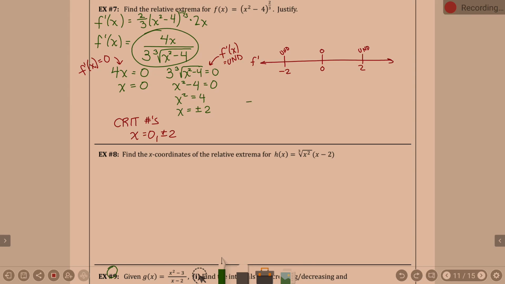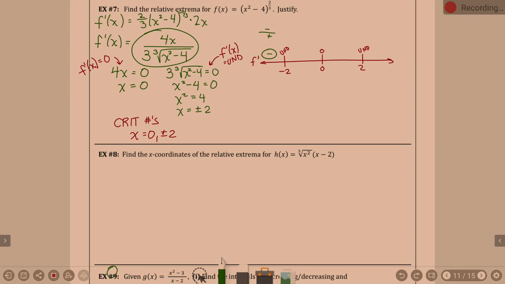The 3 doesn't matter. What matters is underneath here. So -3 squared is going to be 9. 9 minus 4 is a positive. A negative divided by a positive is going to be a negative. Are you with me there? You don't have to have exact numbers, you just have to reason through it.